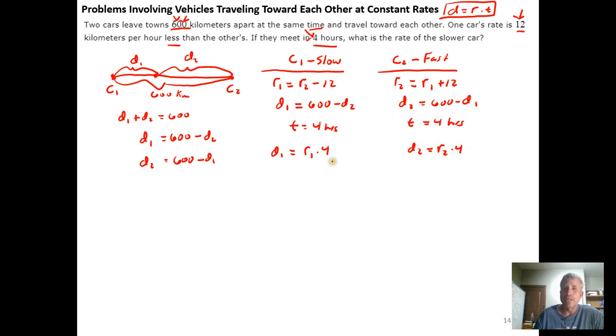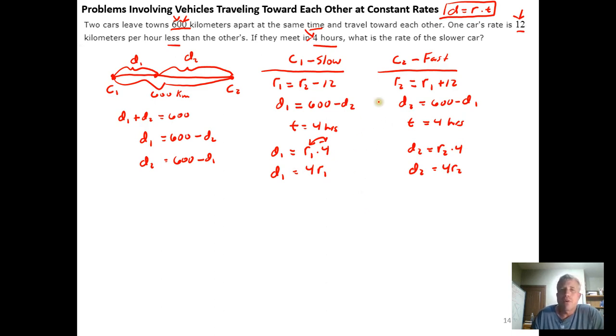I know that these two things are true, and if I want to, I could just as easily write this so that the 4 is in the coefficient position because the order of multiplication doesn't matter. So it might be a little bit convenient for me to switch the order of multiplication and write r sub 2 times 4 as 4 times r sub 2, for example.